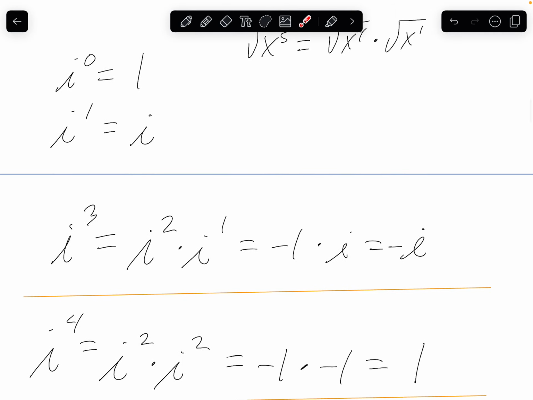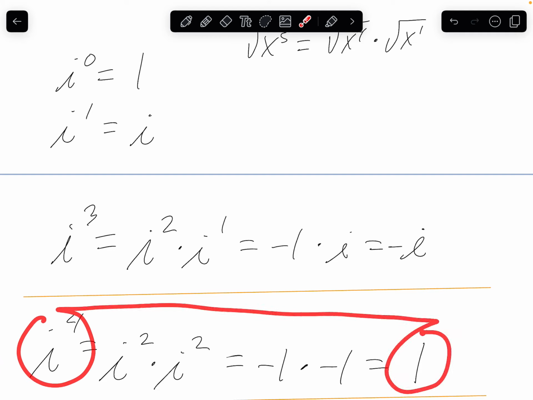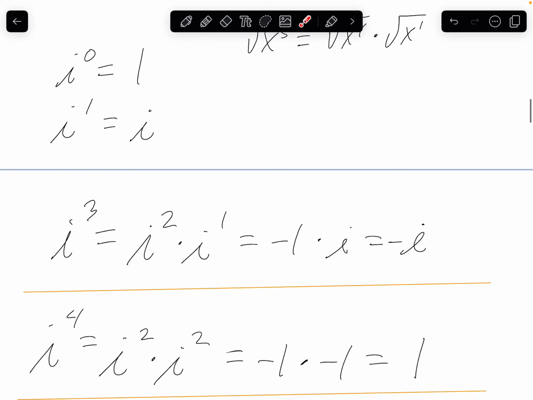Let's look at i to the 4th power. i to the 4th power can be factored a couple of different ways. Let's use i squared and i squared, because 2 plus 2 is equal to 4. That means both of these i squareds can be replaced with -1, because that's what they're equal to. And -1 times -1 is a positive 1, which means i to the 4th is equal to a positive 1.